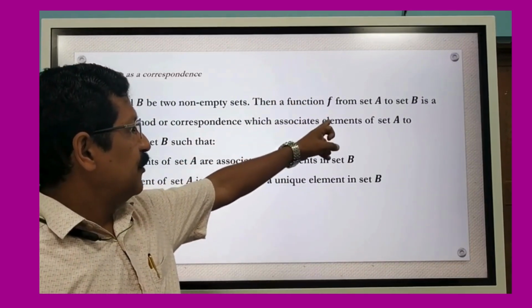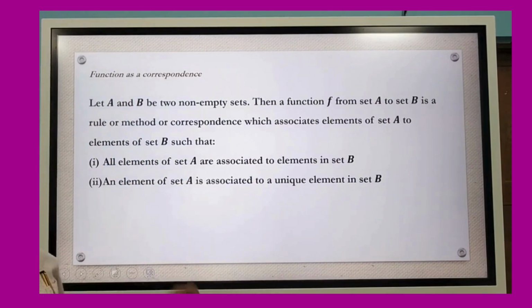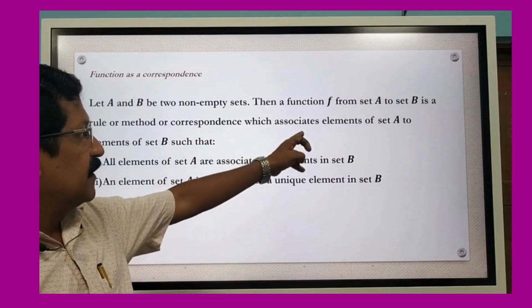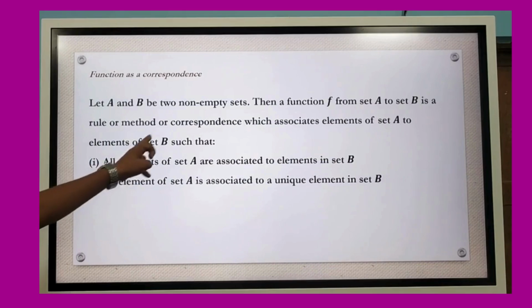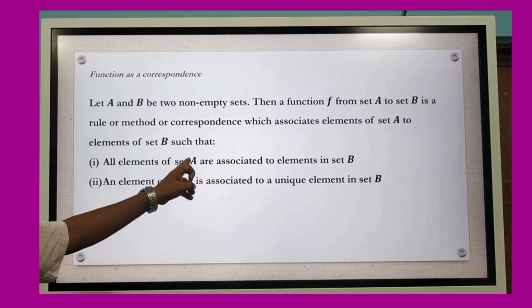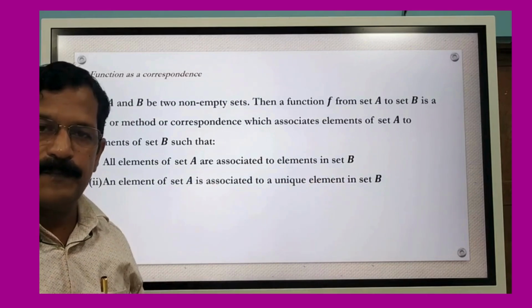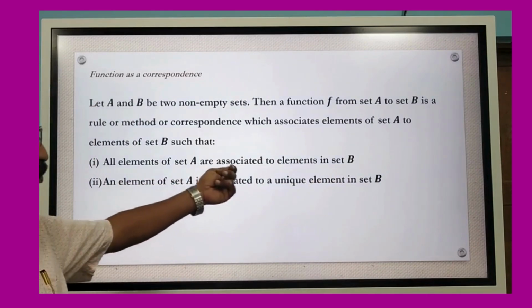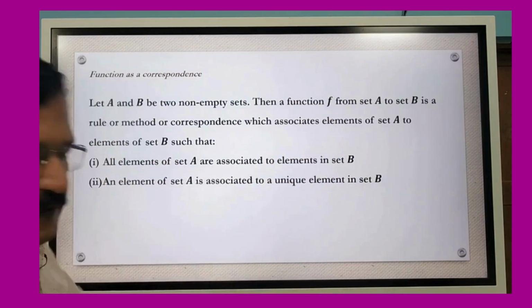Then a function F from set A to set B is a rule or method or correspondence which associates elements of set A to elements of set B such that all elements of set A are associated to elements in set B, and an element of set A is associated to a unique element in set B. These are the two conditions.